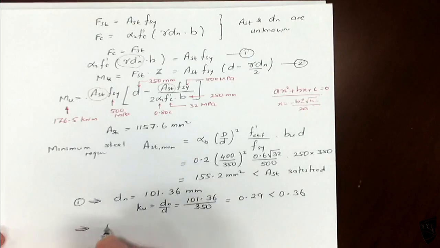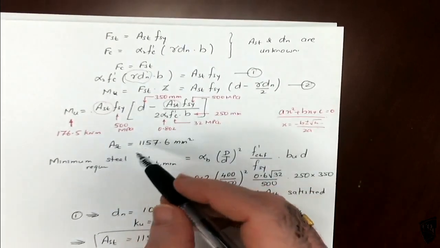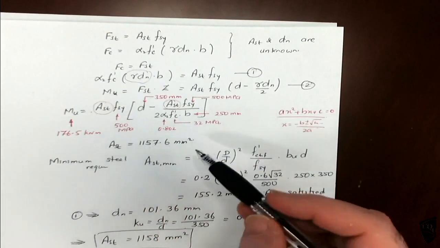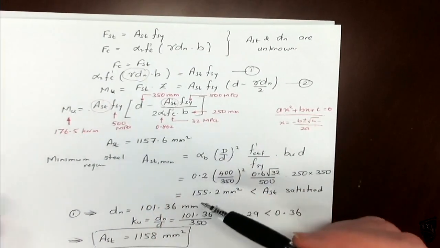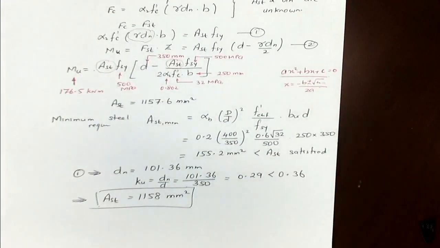So the answer is AST equal to 1158 or 57.6. Finding AST is not finished. To finish the question, you need to check the minimum values and the limits. This is how we normally do it with normal singly reinforced sections.